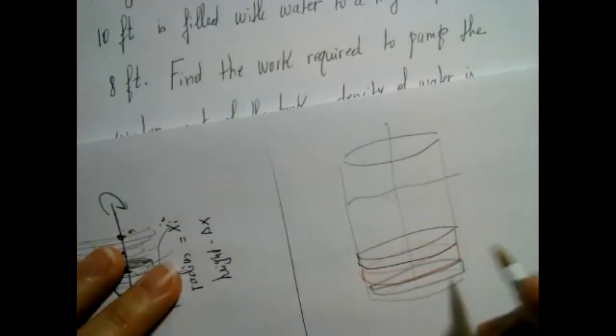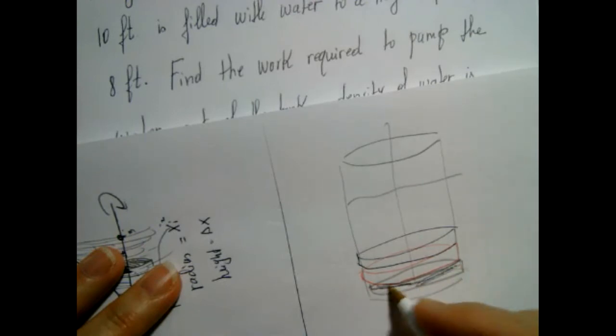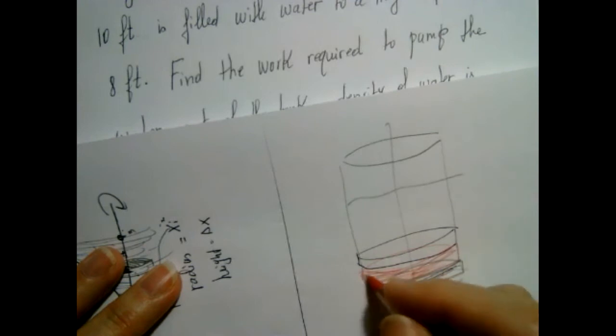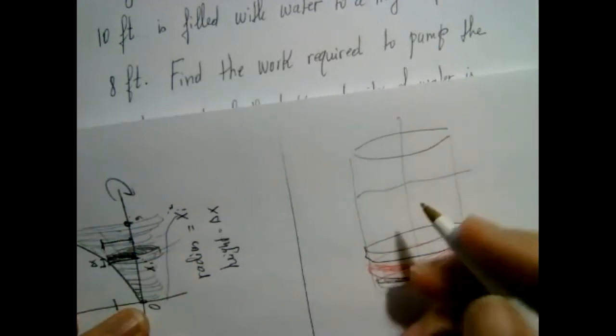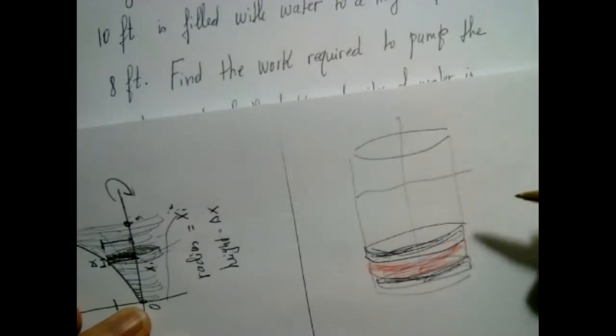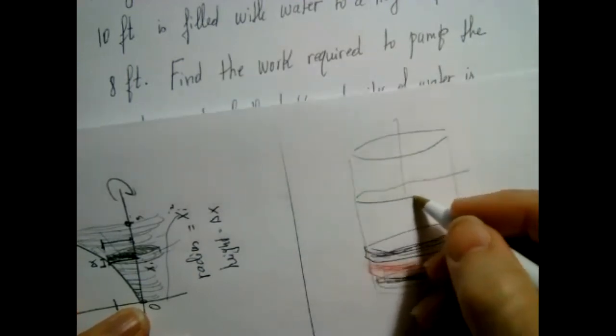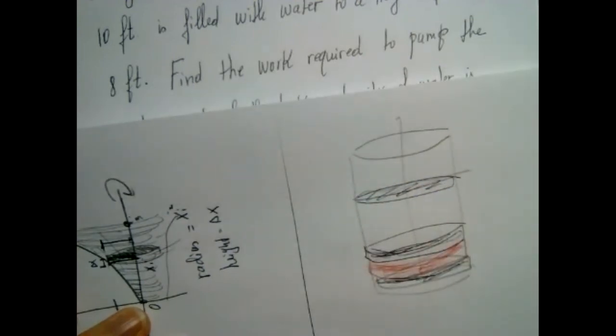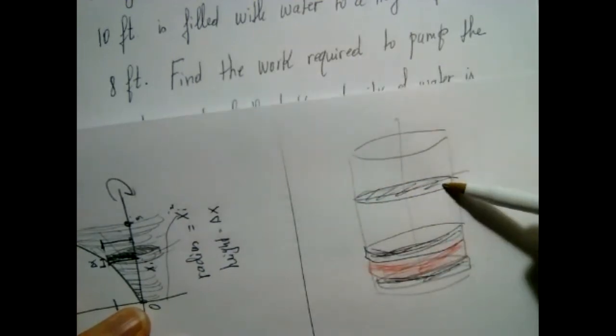That's really what we did. So we have one layer at the bottom, and then a layer here in the middle, and then a layer here, and so on and so forth. So we filled it with layers. What we did is we picked up every layer by itself. We lifted this one by itself, and we ask ourselves, what's the work needed to lift that?